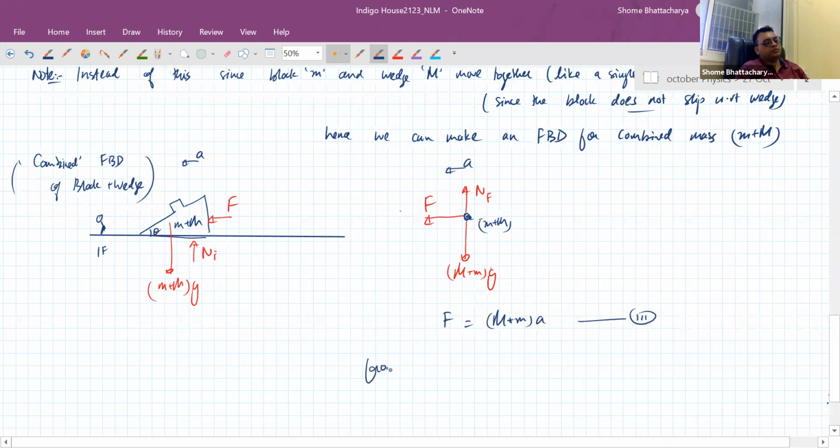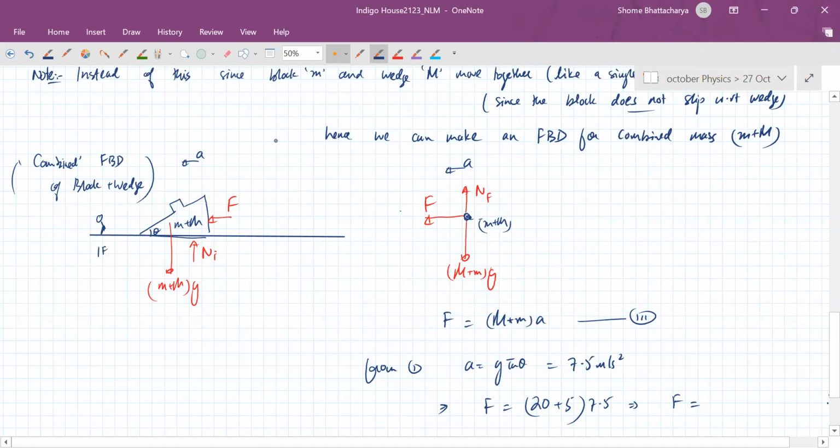Now from equation 1, we have seen that A is equal to g tan theta. So that was 7.5 meters per second square. So F will just become the sum of the masses into this combined acceleration. So 25 into 7.5. So that will be how much now? 25 into 187.5, yeah.